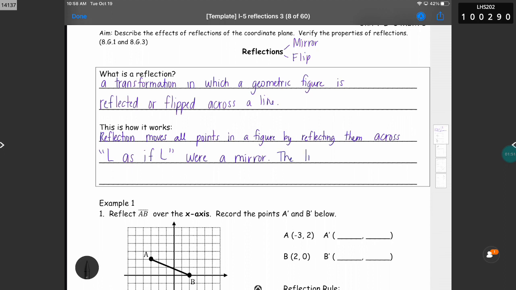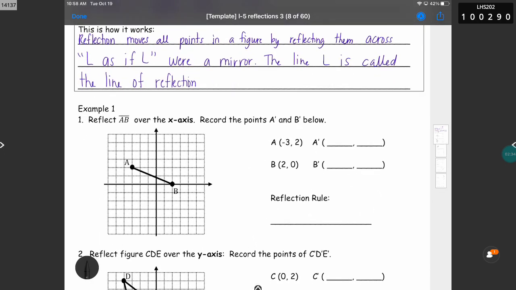The line L is called the line of reflection. So that line L is called the line of reflection. All right, everybody good on that?